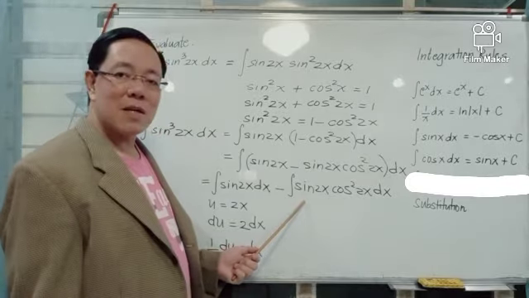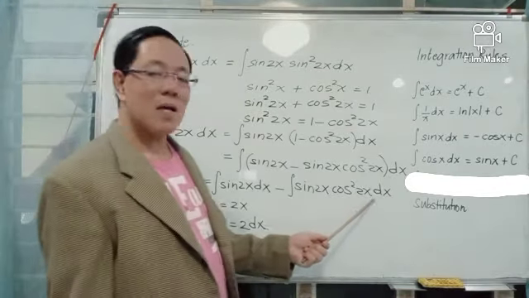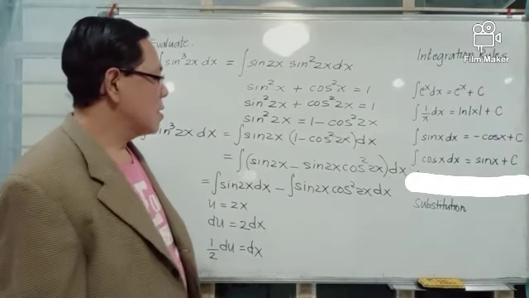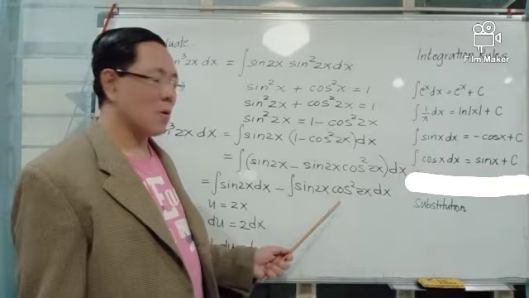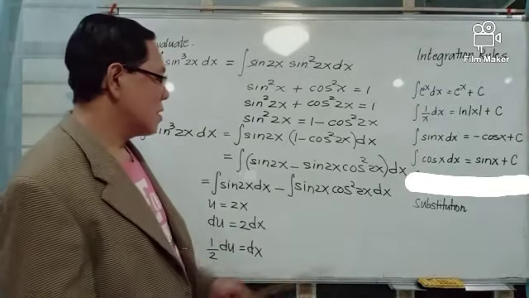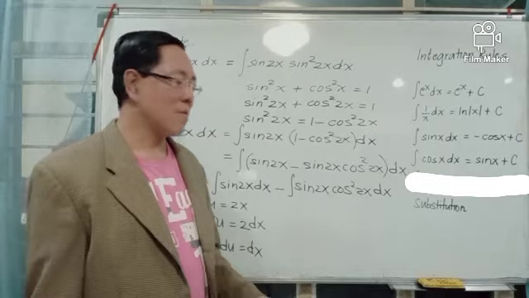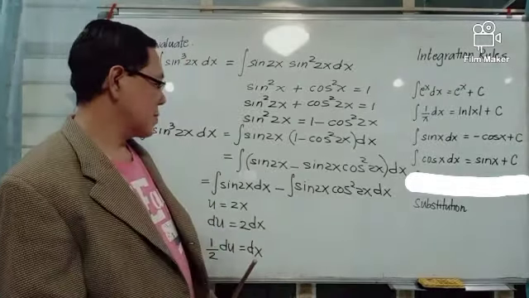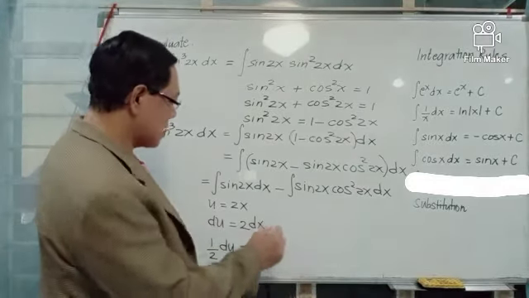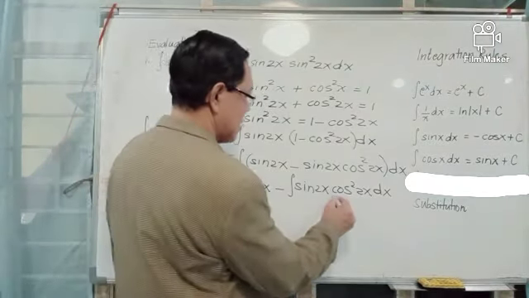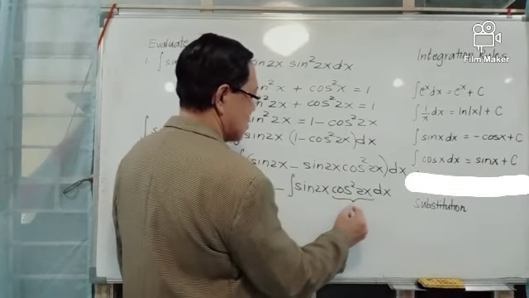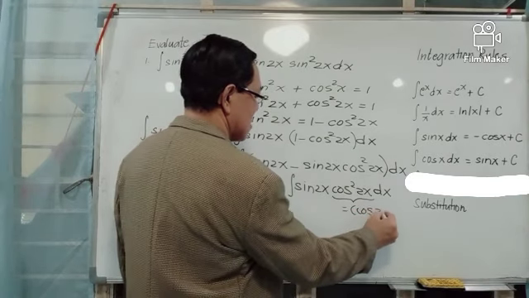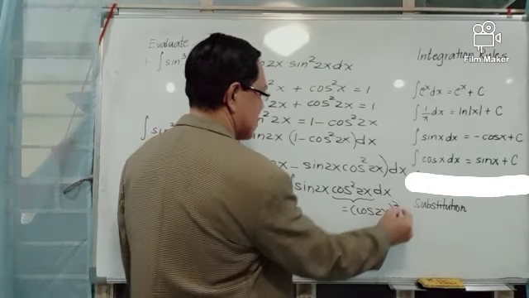For the second integral, the integral of sine 2x cosine squared 2x with respect to x, we will also make use of a substitution by letting u equal cosine 2x.